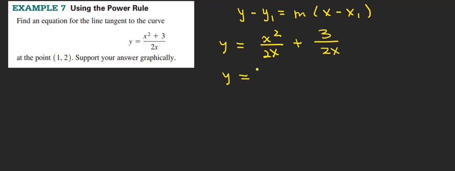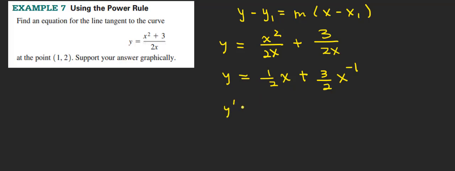And then y is going to be 1 over 2 x plus 3 over 2 x to the negative 1. Now make sure, if possible, to change your original curve or function into a simple form so that you could apply the power rule.